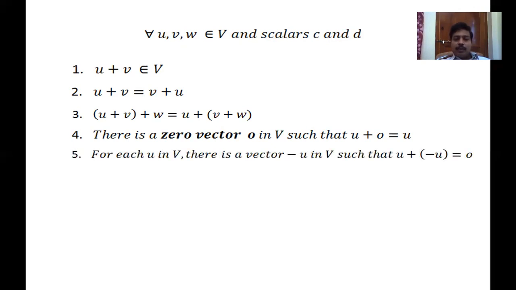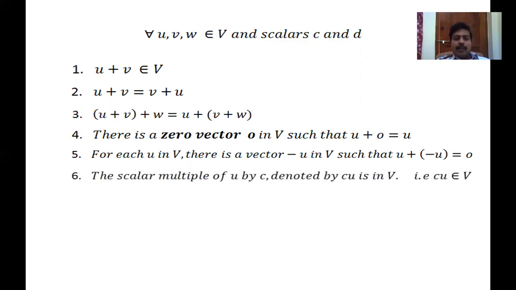For each vector u in V, there is a vector minus u, called the negative of u, in V such that u plus minus u is equal to O. We are calling it O, the zero vector. So these 5 axioms are related to vector addition.